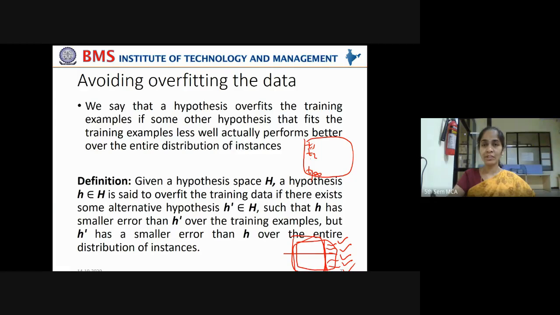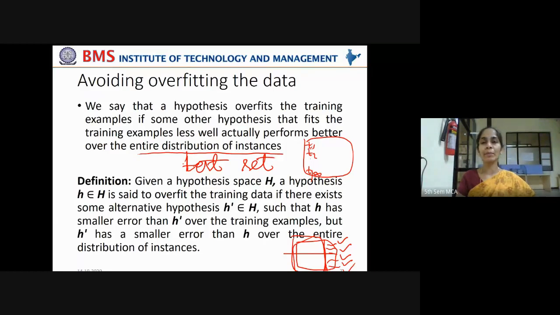Now you understood what is training set and test set, right? Now let us go back, it will be more clear for you now. We say that a hypothesis overfits the training examples if some other hypothesis, say another decision tree, exists that fits the training examples less well but actually performs better over the entire distribution of instances, meaning better with the test set.